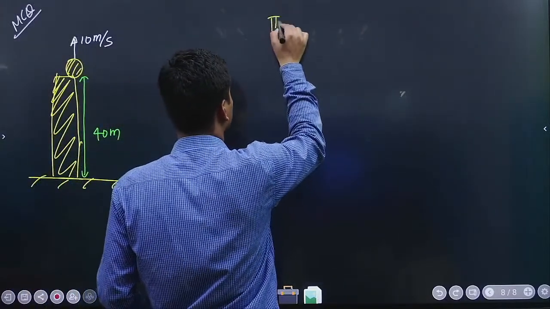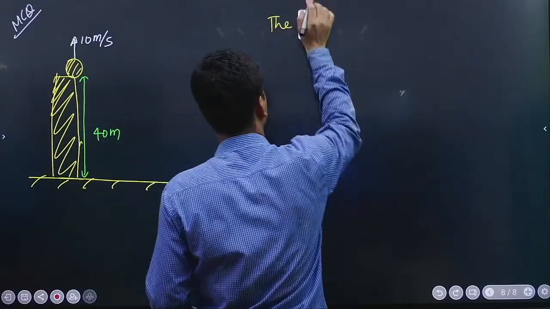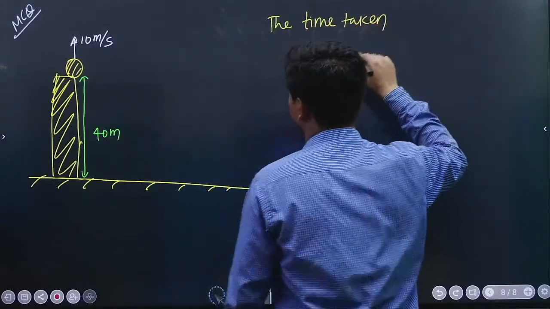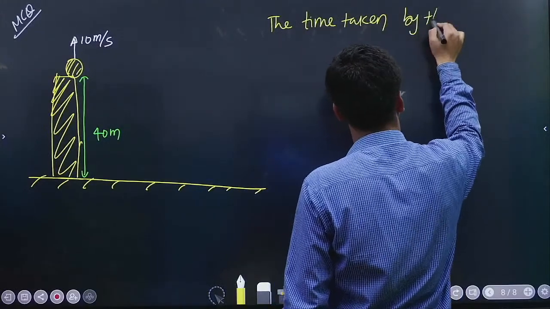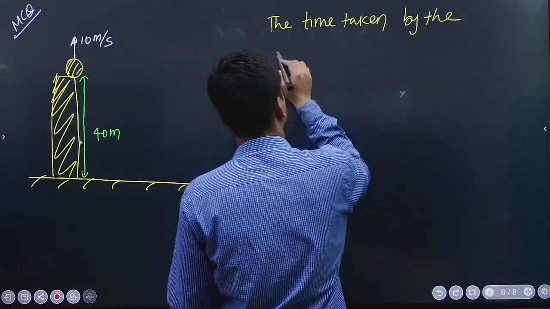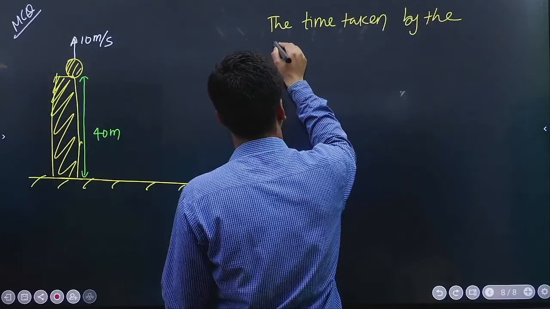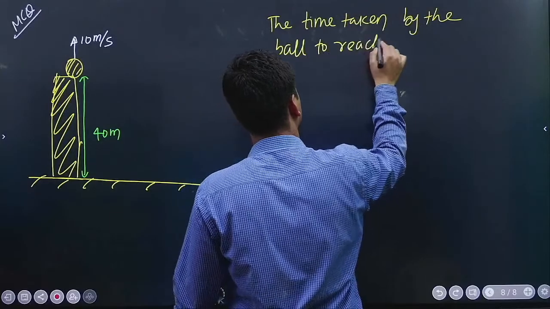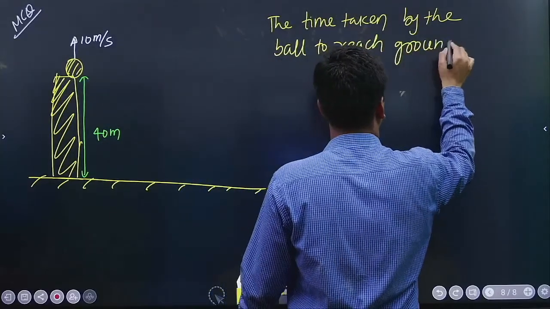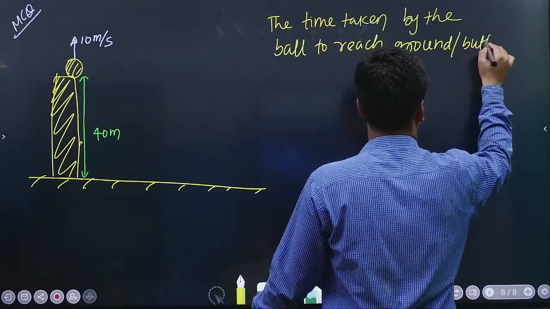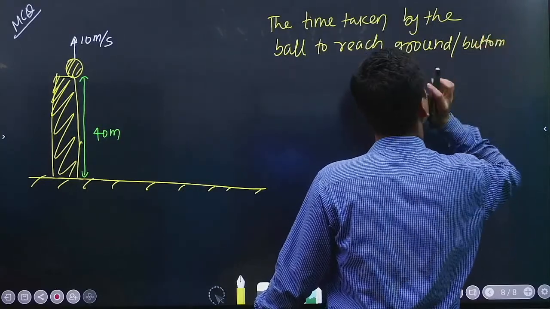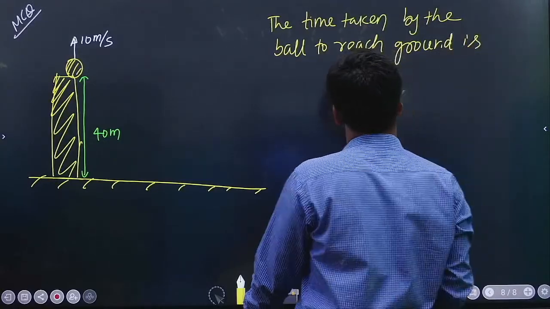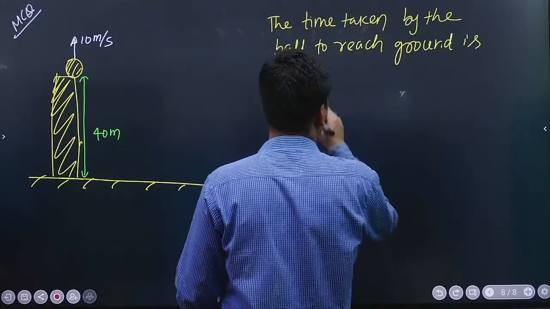Now find the time taken by the ball to reach the ground.